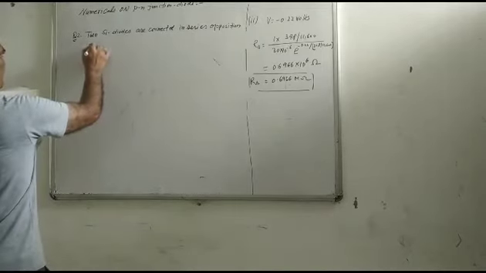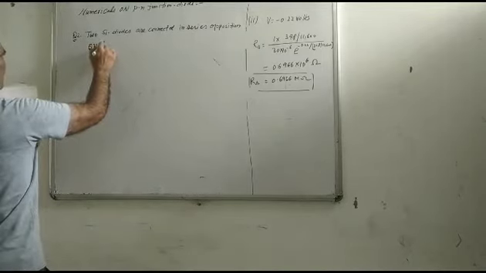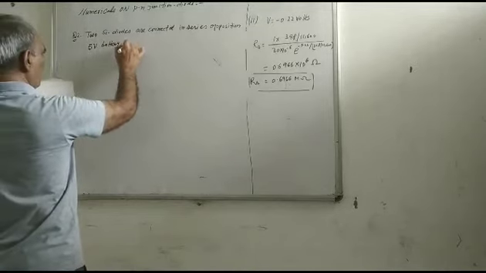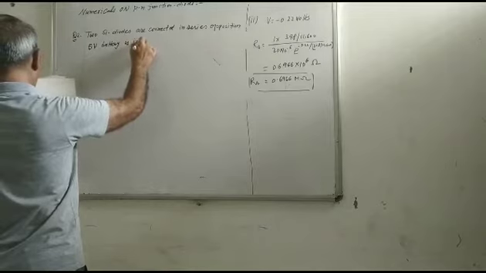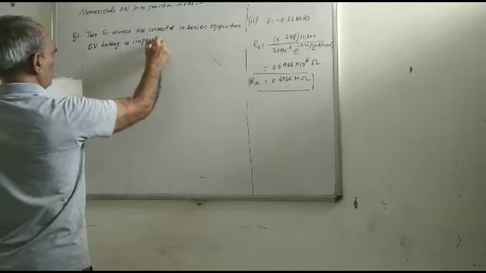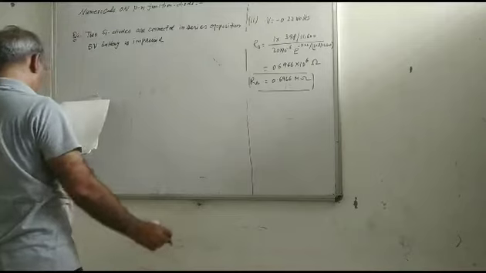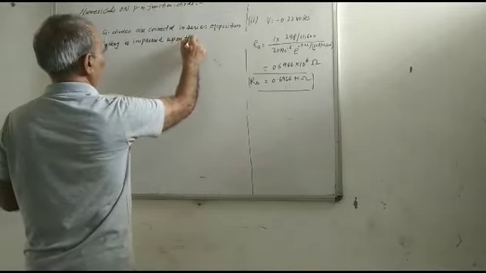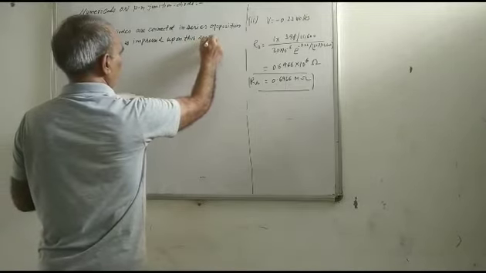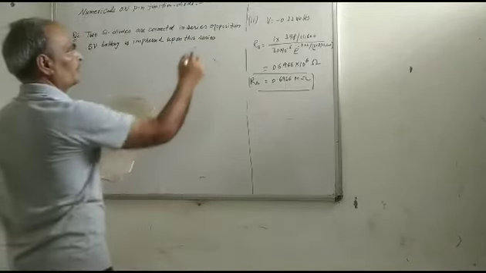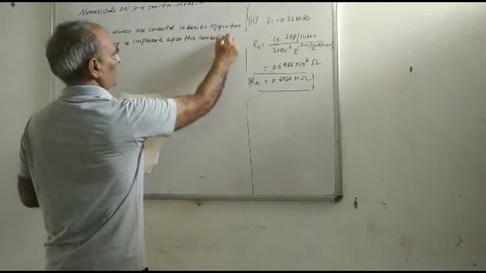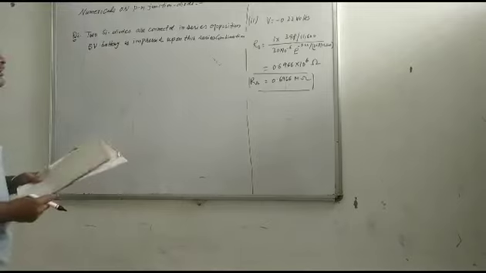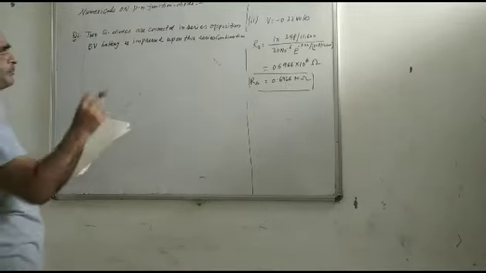A 5 volt battery is impressed upon this series combination. A 5-volt battery is impressed on this series opposition combination of two silicon diodes.